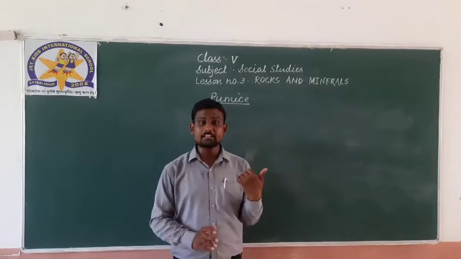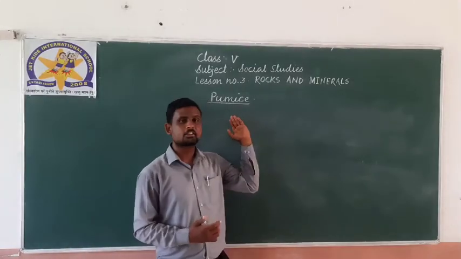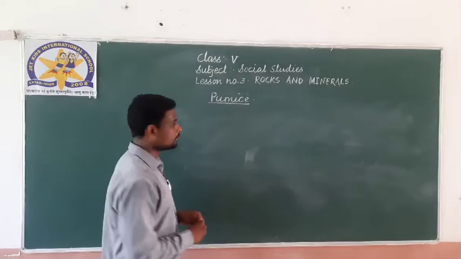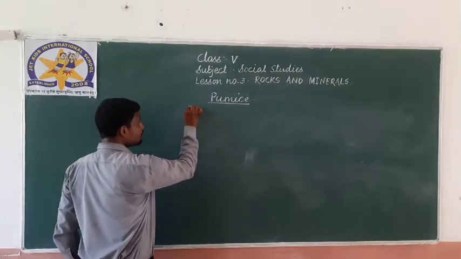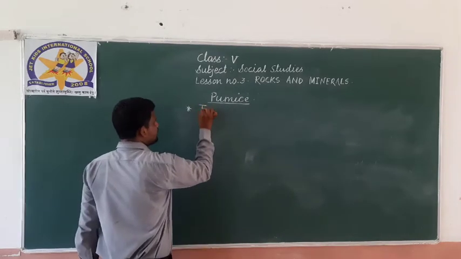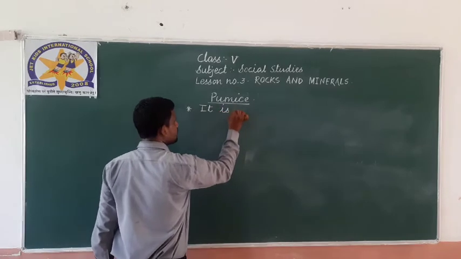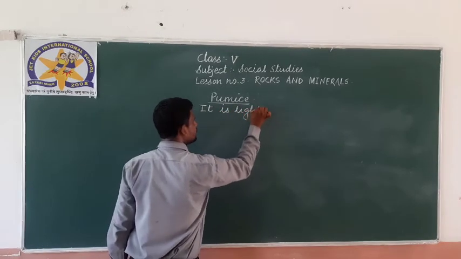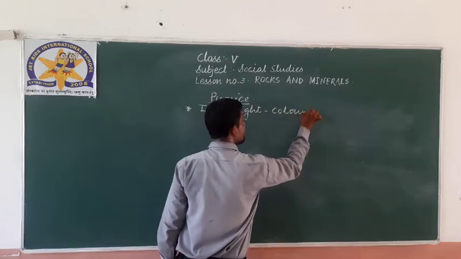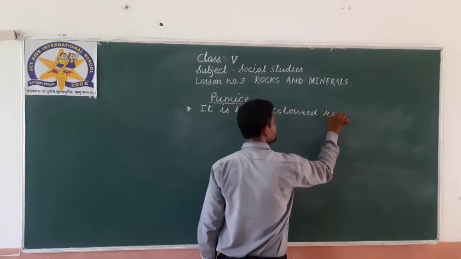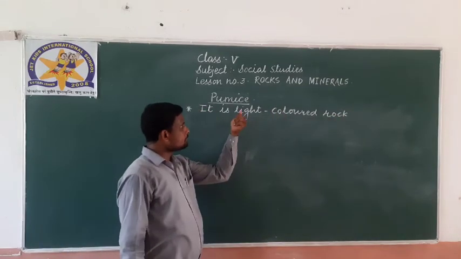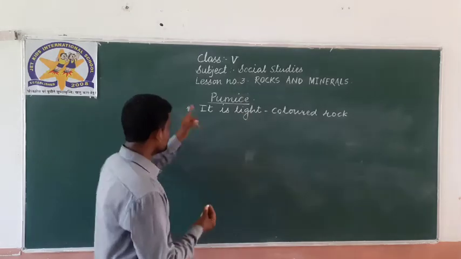Now I am going to write about the properties of pumice rocks, and after that the uses. So note down these properties which I am now writing on the blackboard. It is a light colored rock. Light colored means the color of this pumice is like ash.